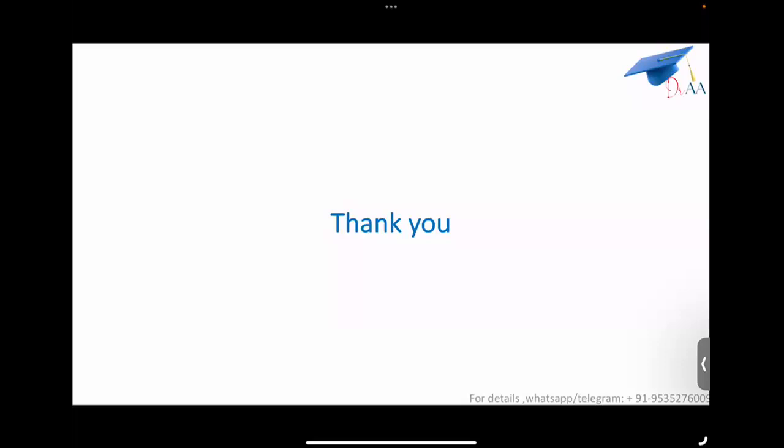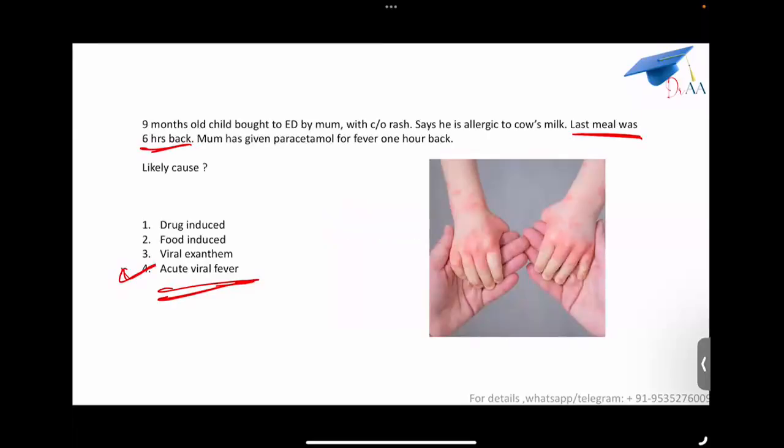Sir, Karthik here. Dr. Amin, the answer of the last question is viral fever, right? One of you confirmed that it was a similar image, so the answer will be acute viral fever. Sir, do we assume the last meal was again cow's milk, or they just mentioned it to confuse?